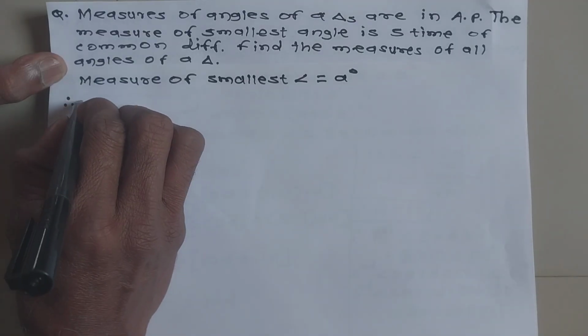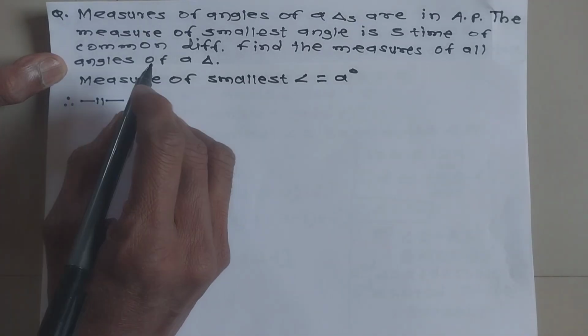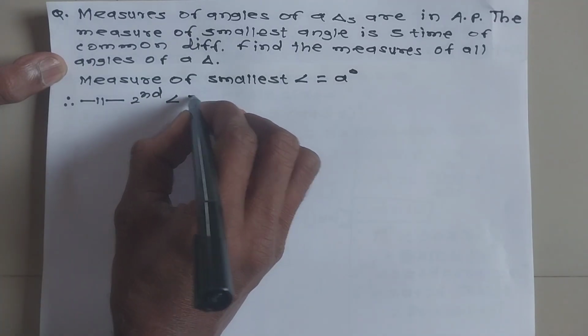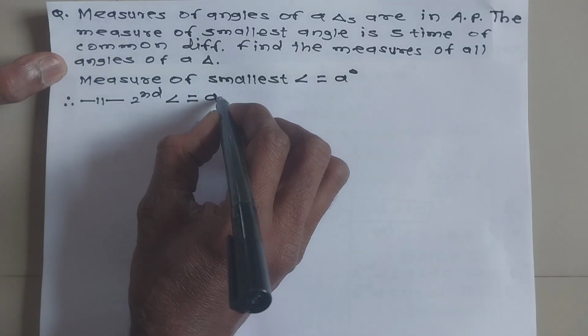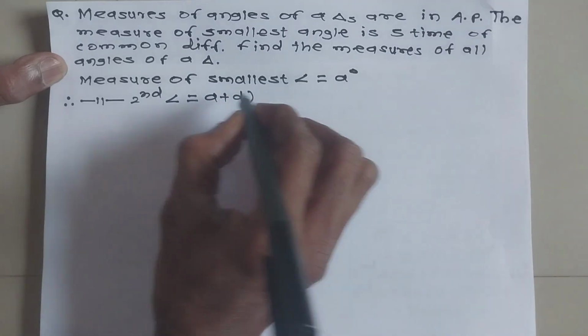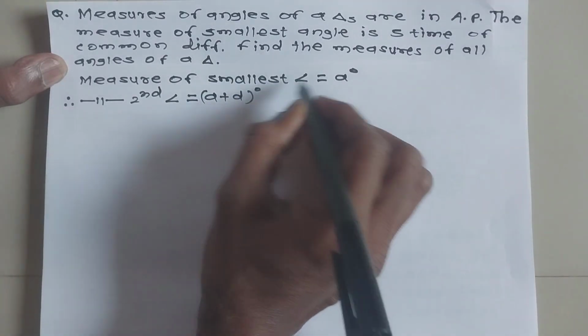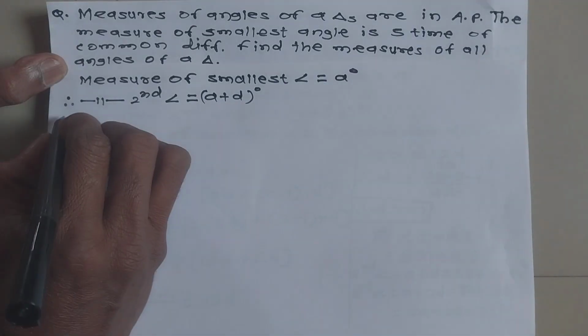Therefore, the measure of the second angle is equal to a plus d degree, because the common difference should be the same.